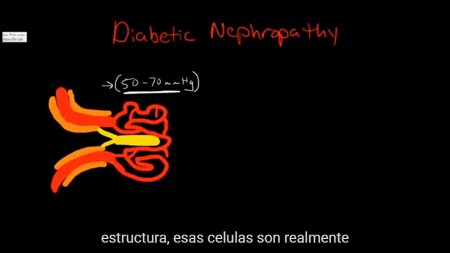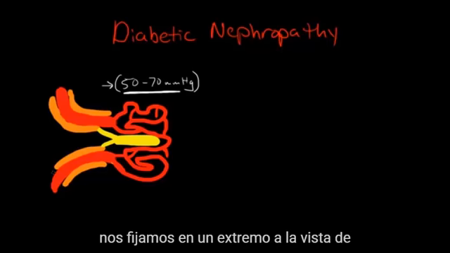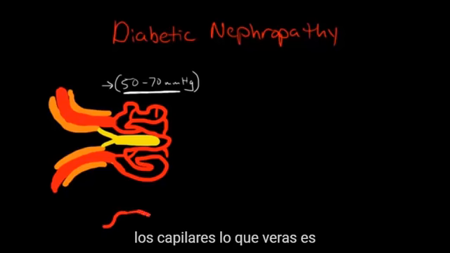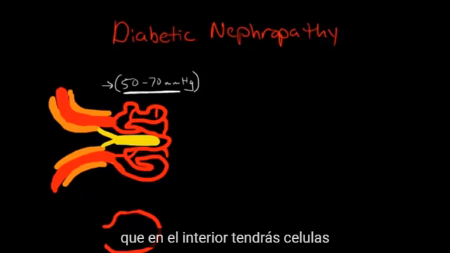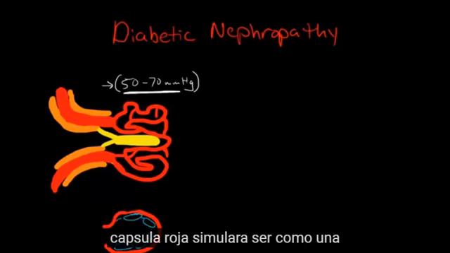Now, these cells are actually part of the capillary structure, so if you look at an end-on view of the capillaries, what you'll see is, on the inside, you'll have your endothelial cells, and then the basement membrane, which I'll show in red, although it's much thicker than it would be.